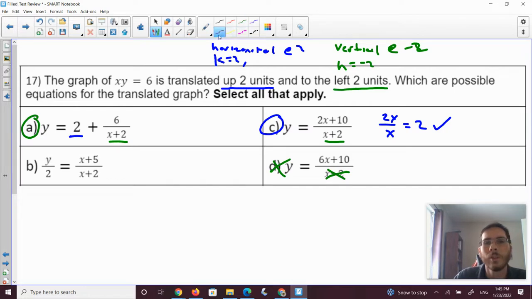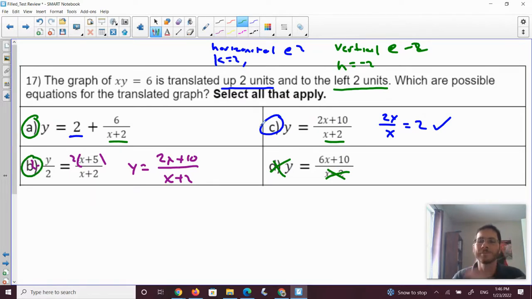For B, we do have a little bit of work because we want to make sure we get it to be a y equals. So I need to multiply both sides by 2. So we get y equals 2 times x is 2x, 2 times 5 is 10, and x plus 2 on the bottom. And then you might say, well, wait a second, didn't we already answer this question? Yeah, it's the exact same expression as C, because B and C are literally the same thing.